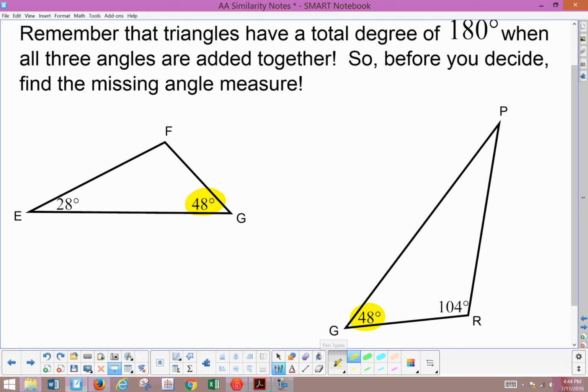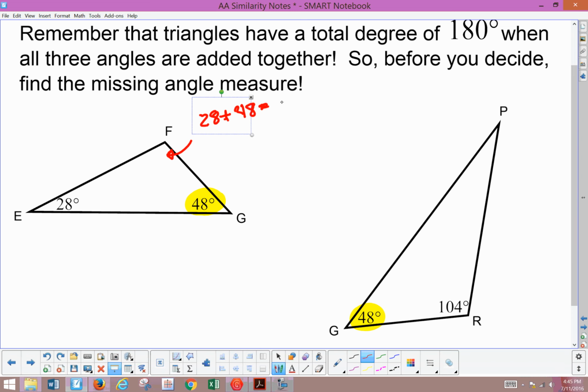I'm actually going to need to calculate my third angle. I know that I can calculate this missing angle F. To do that, I'm actually going to take triangle sum theorem. 28 plus 48 will tell me how many degrees I've already used.